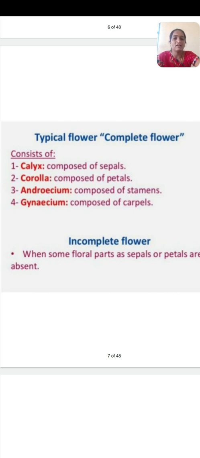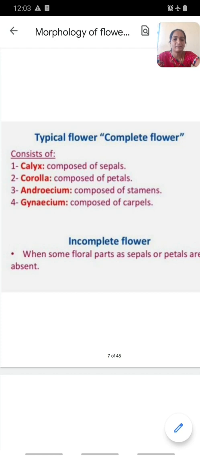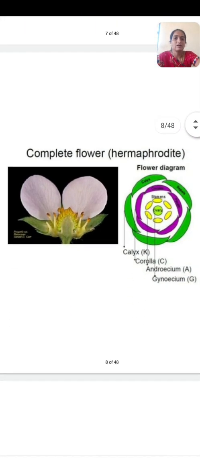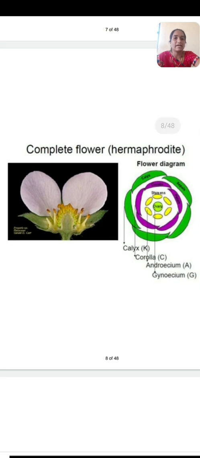And if any floral whorl is absent, then it is known as an incomplete flower. A complete flower is also known as a bisexual flower or hermaphrodite flower. Bisexual means both androecium and gynoecium are present in a single flower.